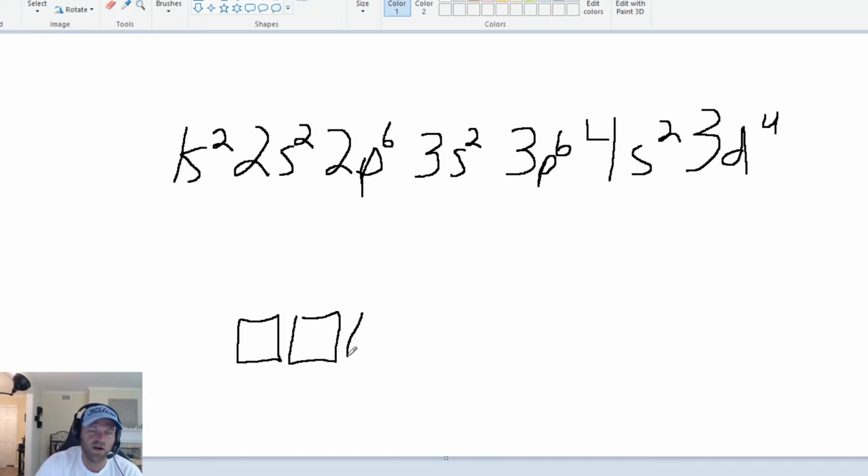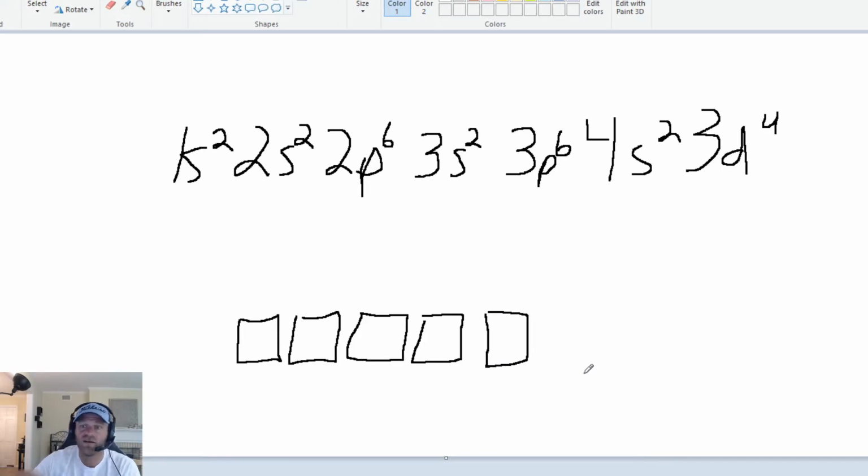So each box represents 1 orbital, and each box can hold 2 electrons. So if I were going to put in 4 electrons for my D orbitals, remember you go one at a time, all facing the same direction. That would be the orbital diagram for 3D4, right?